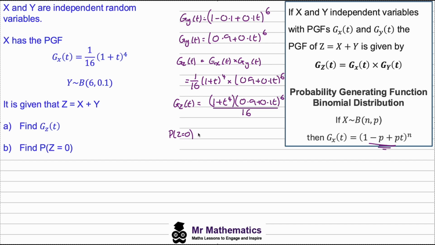So for z equal to 0, we'll have the 1/16 multiplied by the 0.9 to the power of 6. And this will give us 0.0332 to 4 dp. Okay?